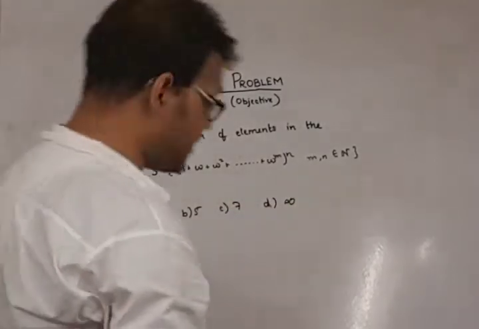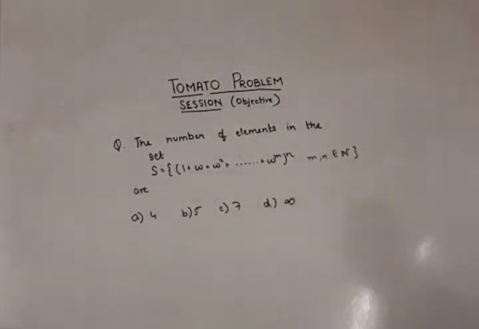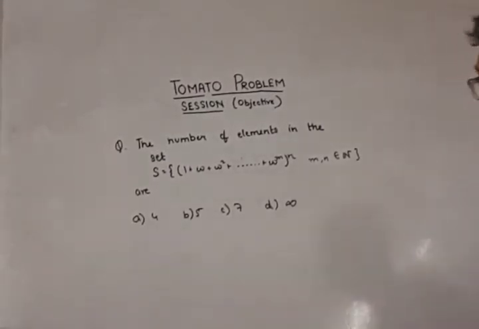Okay, so this is the question. It says that the number of elements in the set S equals 1 plus omega squared dot omega power n, where n belongs to natural numbers, are 4, 5, 7 or infinity.